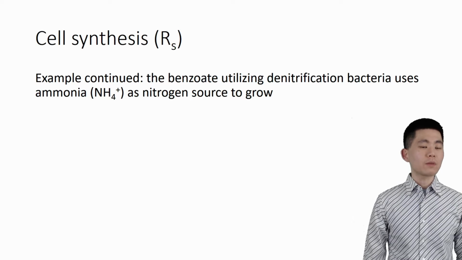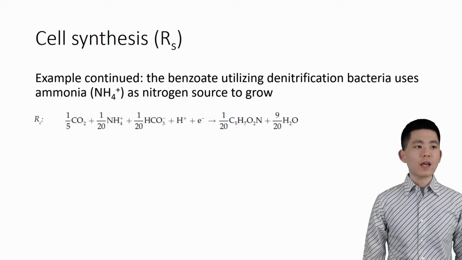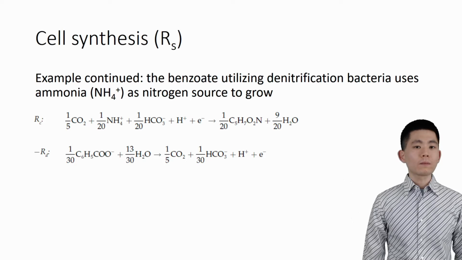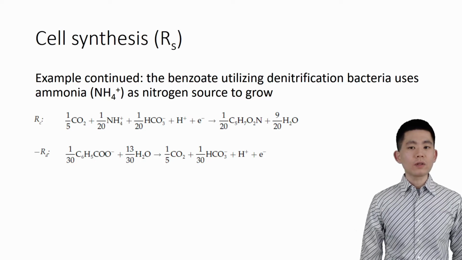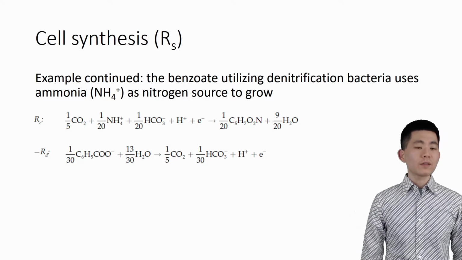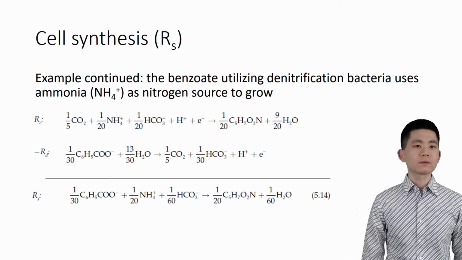It uses ammonia as nitrogen source for cell synthesis. We can find the cell synthesis half reaction that uses ammonia as nitrogen source. The electron donation equation stays the same. And combine these together gets the overall cell synthesis reaction.